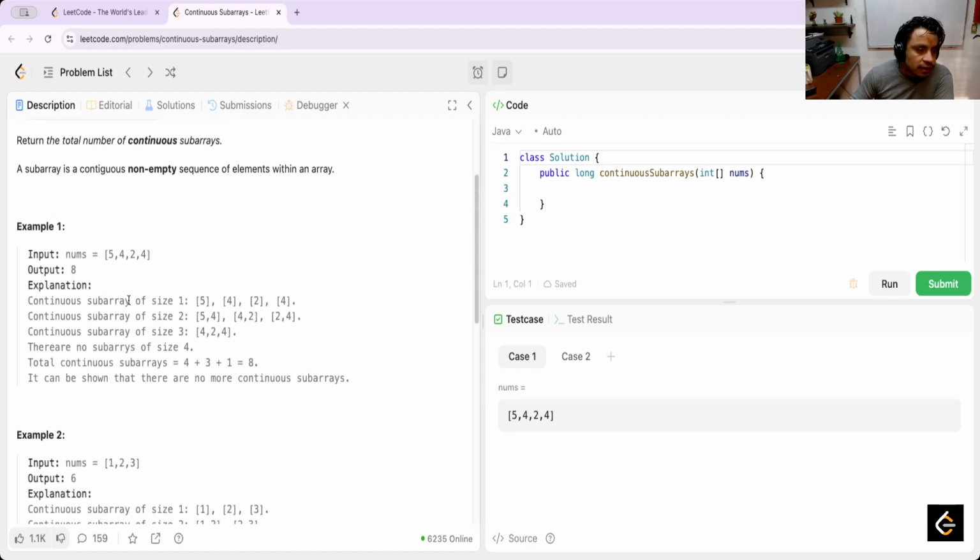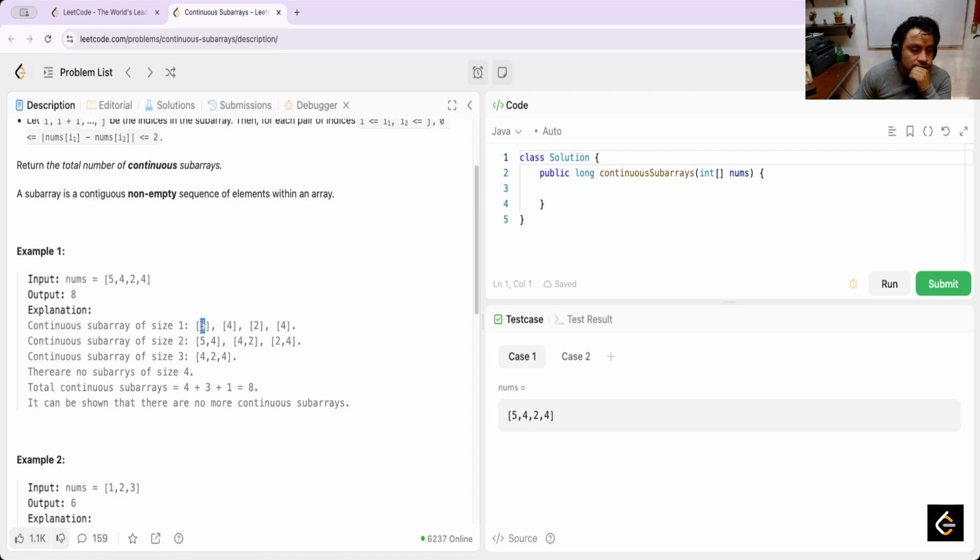And this is the example. We have 5, 4, 2, 4. Contiguous subarrays of size 1: every digit. Contiguous subarrays of size 2: 5 4, 4 2, 2 4.